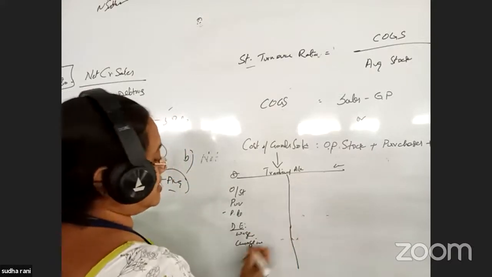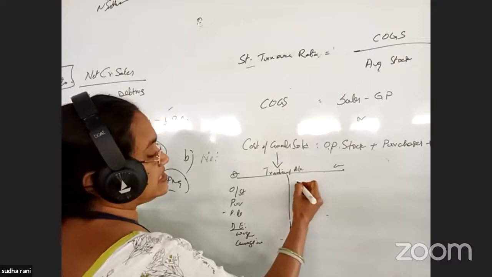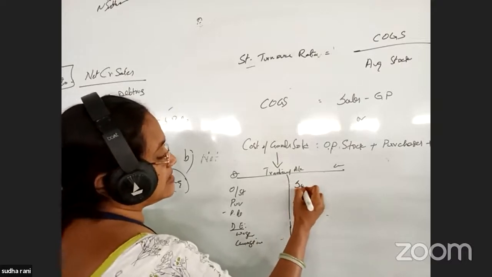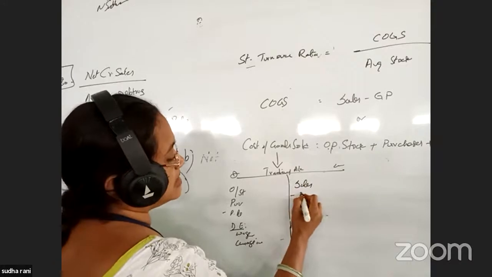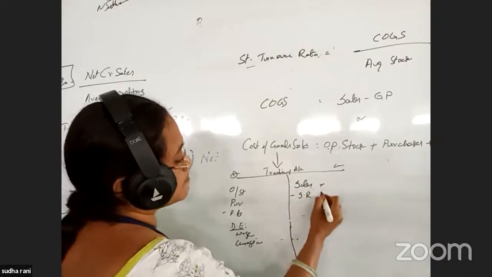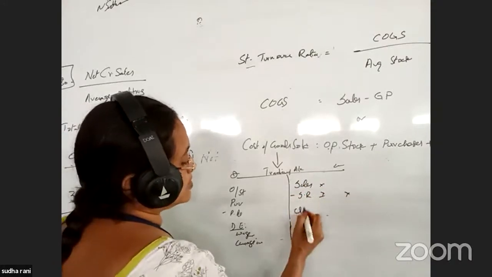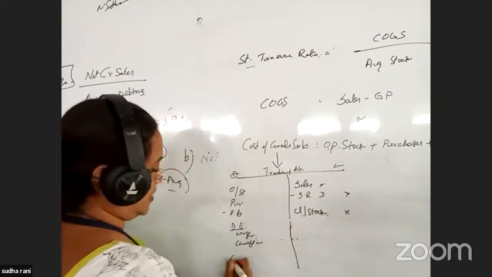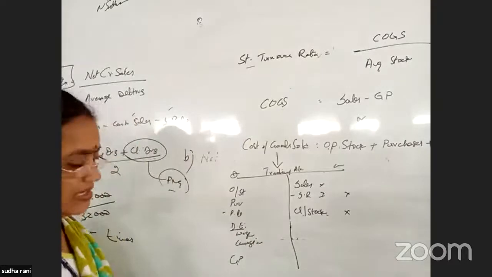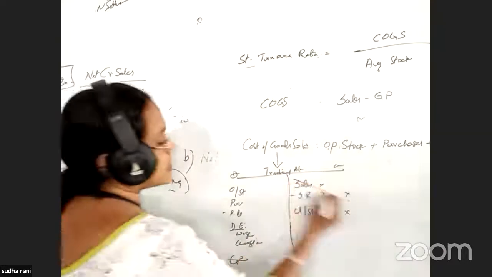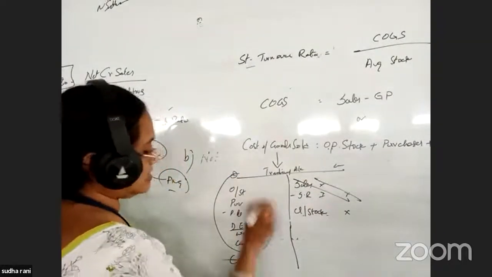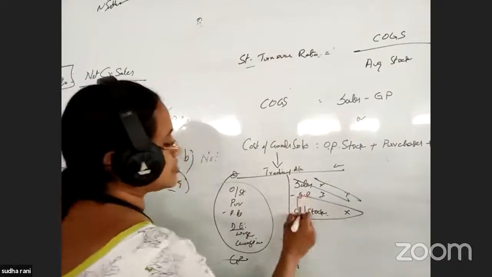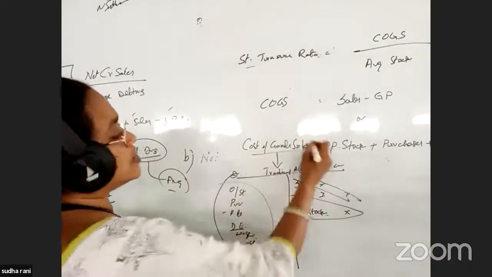On the credit side, you will take sales minus sales returns, closing stock. The difference of these two is going to be your gross profit. Forget about gross profit, forget about sales. Add these all and minus the closing stock, you will get cost of goods sold.